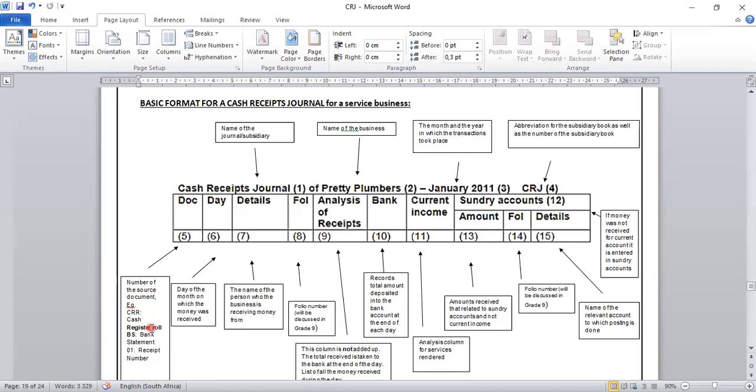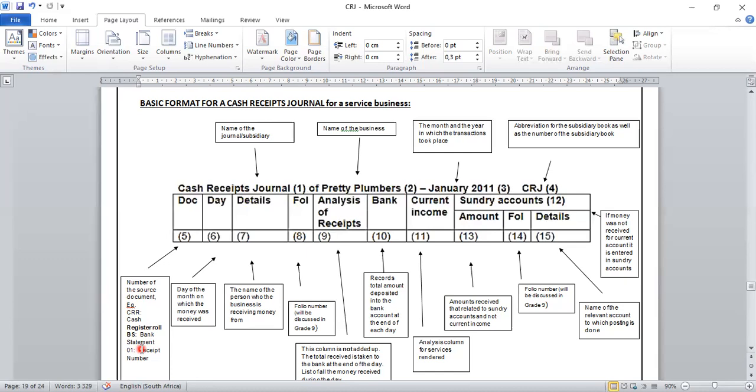We use this source document for all service fees received by the business. We use the cash register roll. Our second source document will be the bank statement, which will be written as BS. This source document will be all the monies that are deposited directly to the bank.